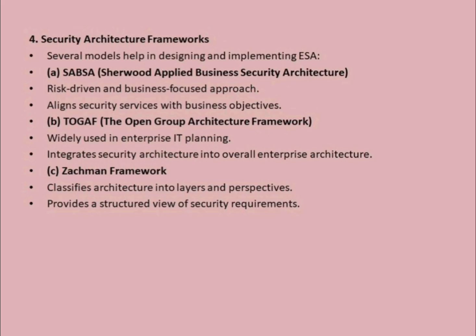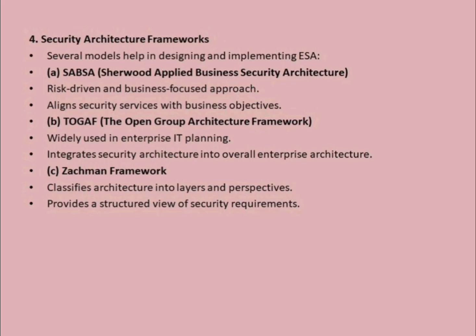3. Zachman Framework. The Zachman Framework provides a structured view of enterprise architecture by classifying it into different layers, like data, applications, technology, and perspectives, such as what, how, who, where, and why. When applied to security, this framework helps organizations see security requirements from multiple viewpoints.